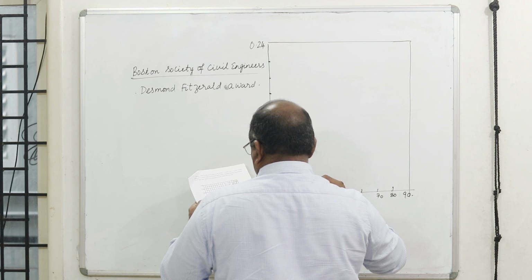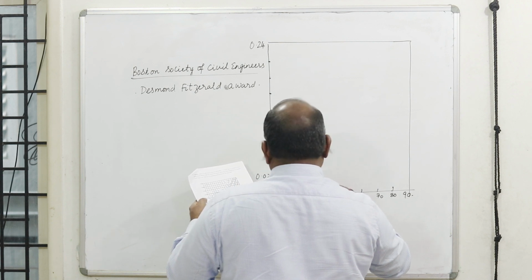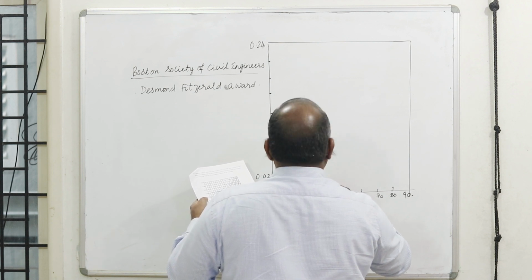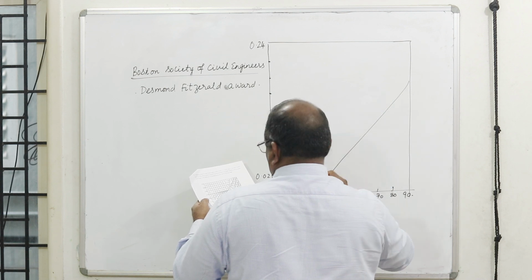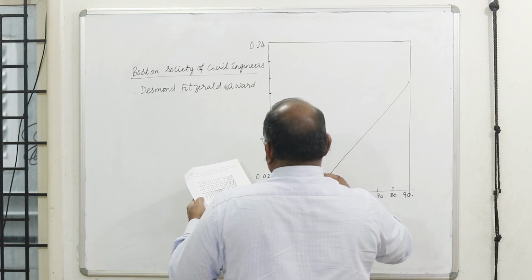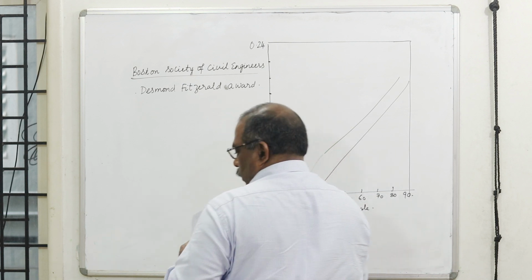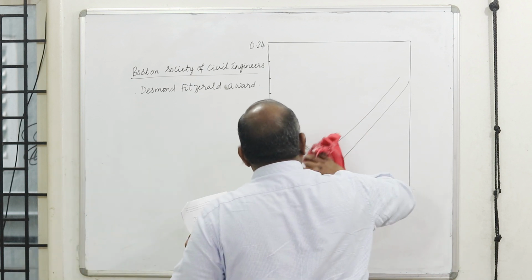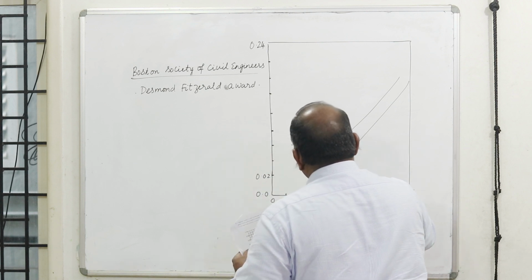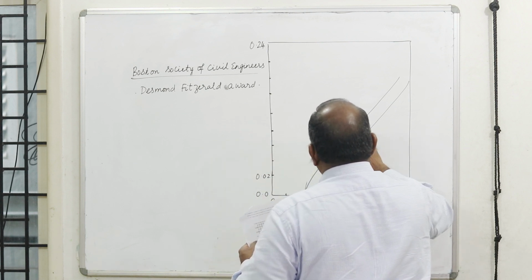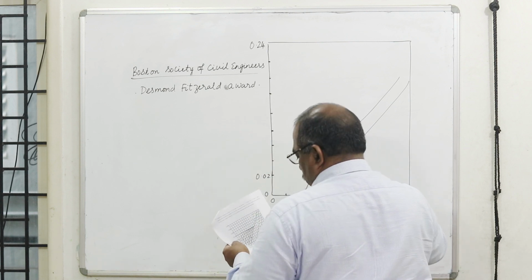Now this is how a typical graph looks. Somewhere from 25, it goes up like this, with different curves for different values of phi. He actually calculated these values using the friction circle method.